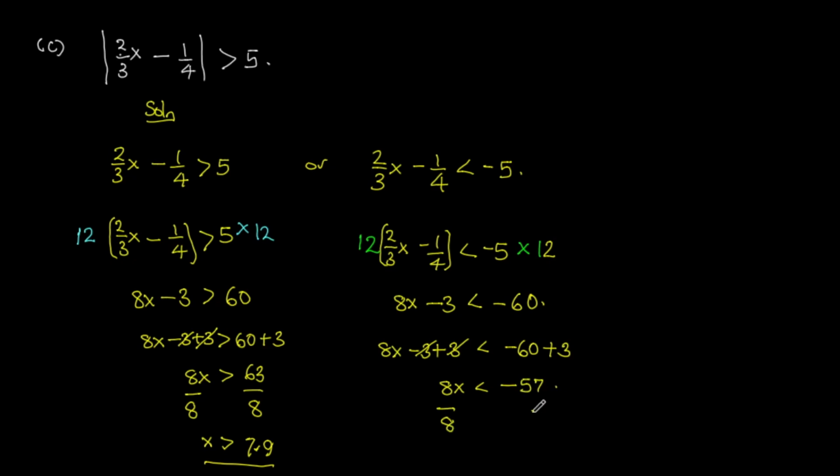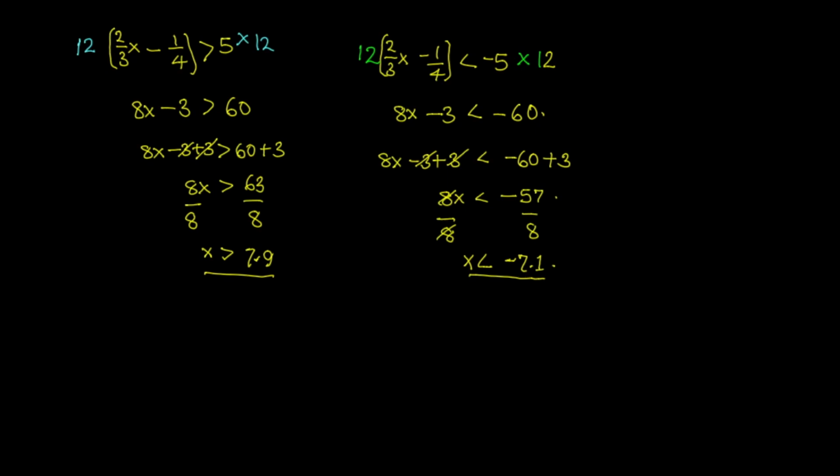Dividing both sides by 8, our x here will be, let's enter it in the calculator, negative 57 by 8 goes to negative 7.1, also to 1 decimal place. As before, we can denote this one as 7.9 is less than x.